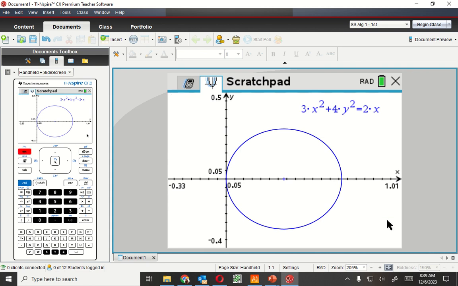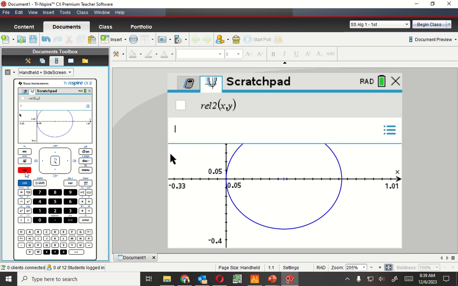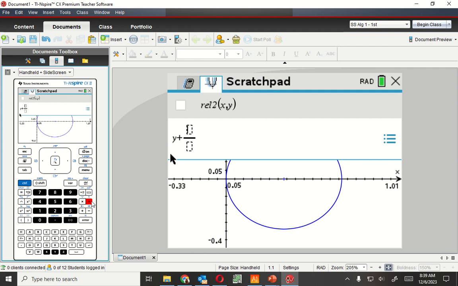Now, we're going to put our second line on there. So I'm going to hit tab. To put my second line, I hit tab, and it's going to open my other relation, which was y plus. Okay, so now to do the fraction, you do control, divide will give me my fraction.